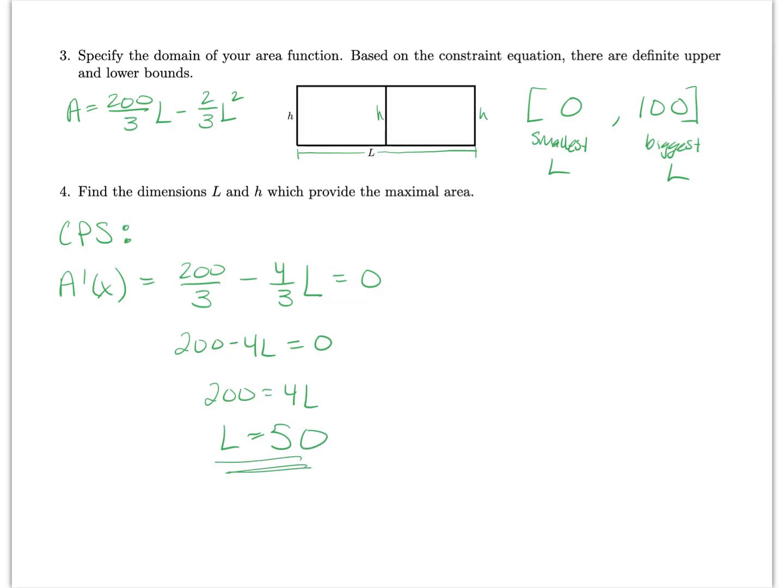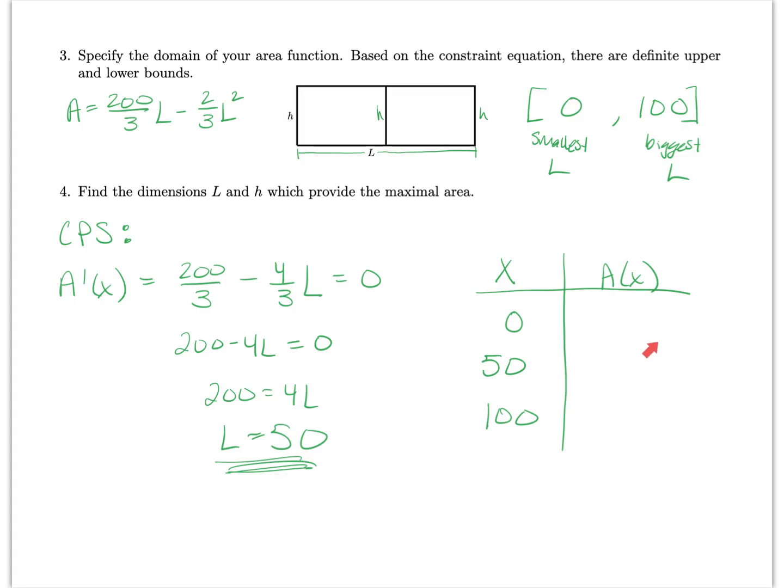All right, so to determine if that will give me maximum area, I'm just going to set up a little XY chart, X and area of X. I'm going to put in the endpoints of my domain, which are 0 and 100, and my critical point of 50. So I'm plugging these X values into the area function. I want to know what the area is at each of these because I want maximum area.